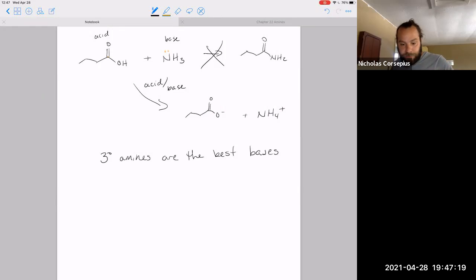Secondary and primary amines, for whatever reason, they kind of switch back and forth. Basically, they're about equal. Sometimes the primary amine is a little bit more basic. Sometimes the secondary amine is a little bit more basic. But the one trend that's always true is that tertiary amines are always the better bases.